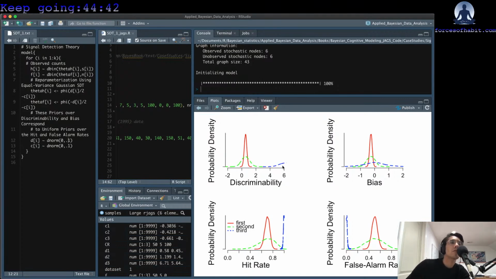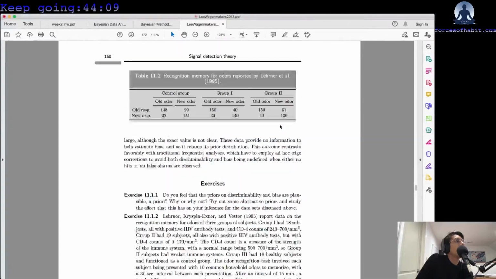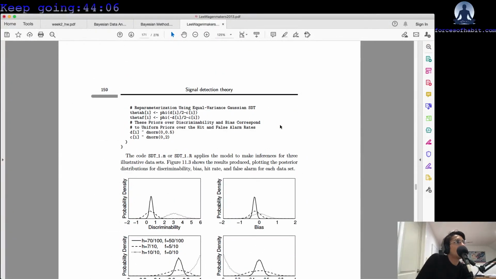We have this symmetric distribution of bias with its maximum likelihood at 0, and very, very high discriminability with respect to the other distributions. That's also reflected in the extremely high hit rate and extremely low false positive rate. What were the priors before? 5 and 2.